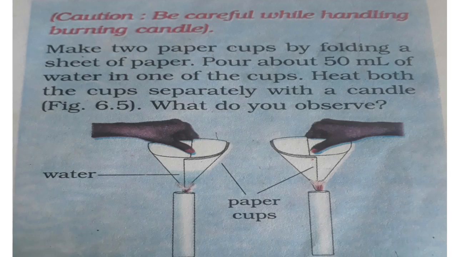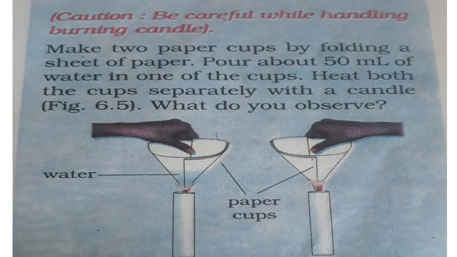So in the first paper cup there was no water, so it started burning. But in the second case, as water is present, that water is not allowing it to come to the minimum temperature at which the paper cup can start burning. So from this experiment we conclude that a substance which has a low ignition temperature can catch fire easily.